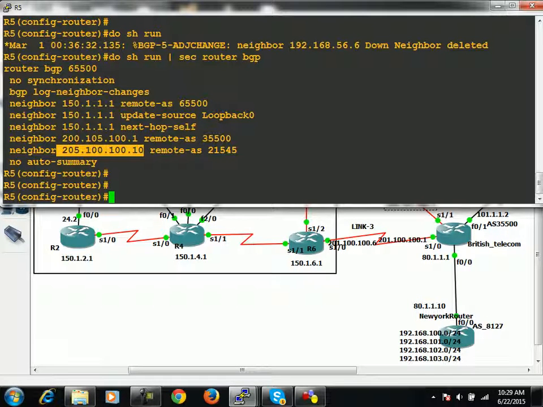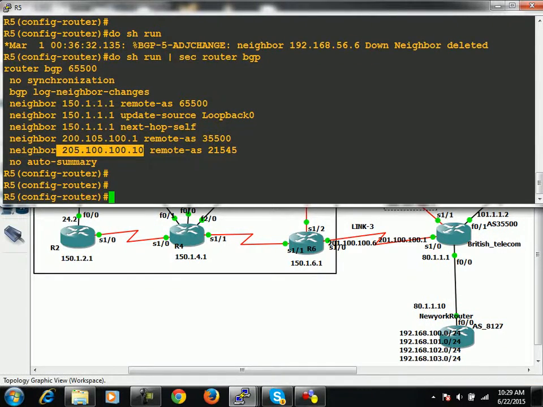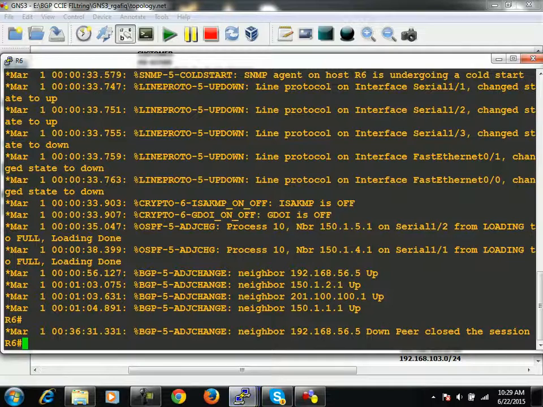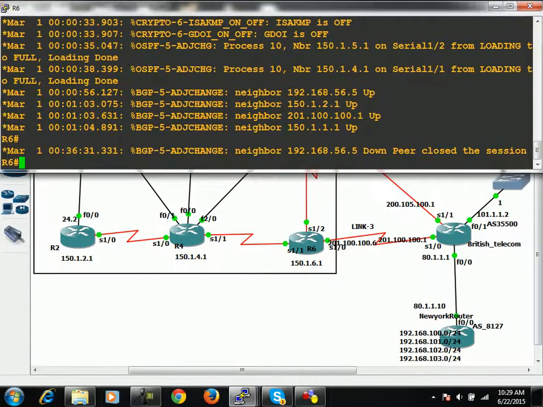This is the Sprint address, as you can see in your diagram as well, 205.100.100.10. Understood? Yes. Fine. Then after that, on R6, I also have to do some modification in its BGP configuration.